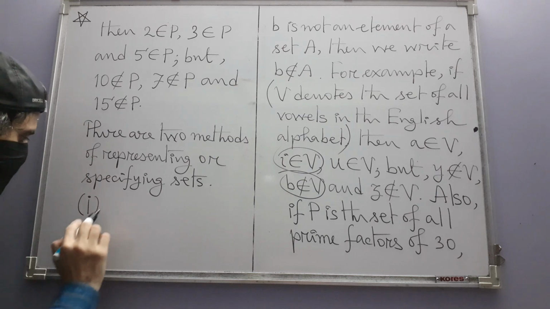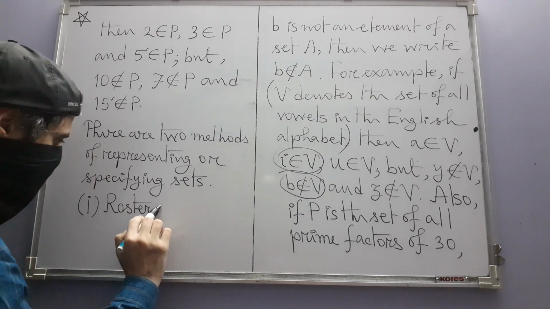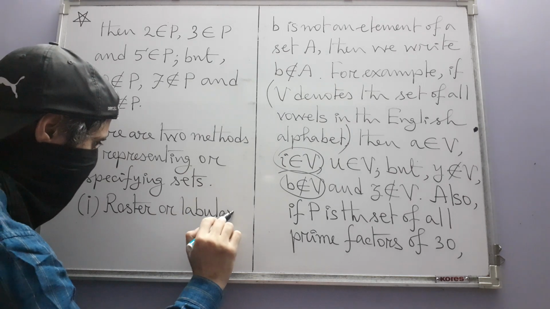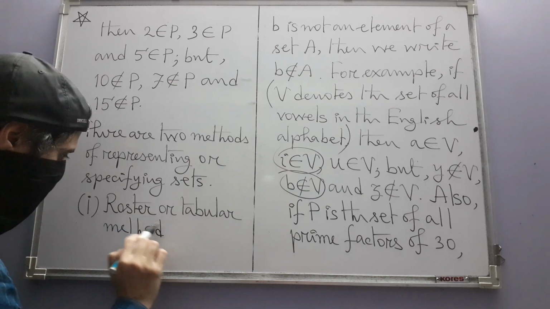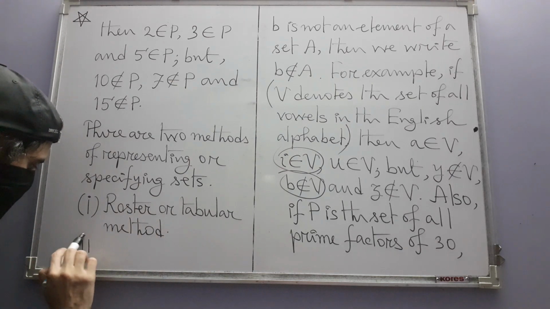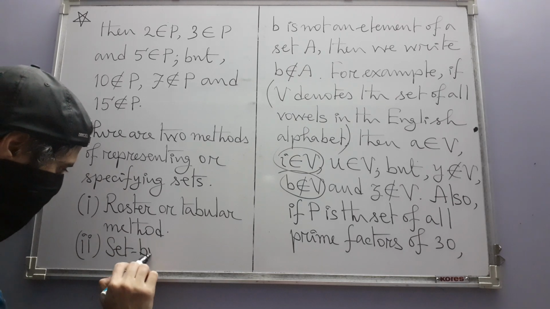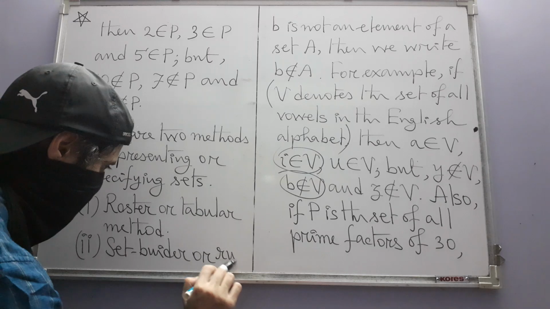The first one is roster or tabular method, and the second one is set builder or rule method.